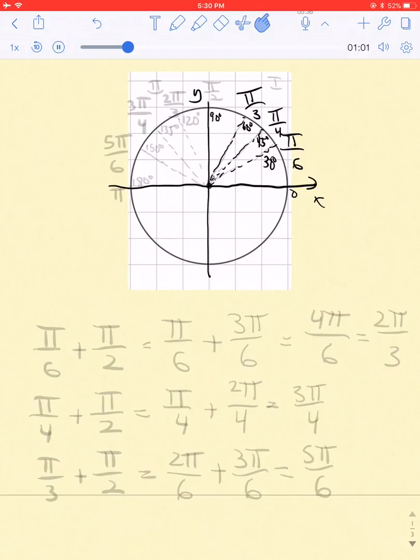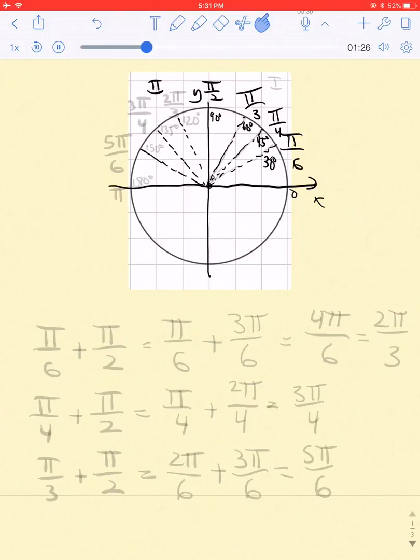Well, up here is pi over 2, if we recall. And we'll find that if we add pi over 2 to those 3 angles, pi over 6, pi over 4, and pi over 3, we will get a reflection of those 3 angles in the second quadrant.